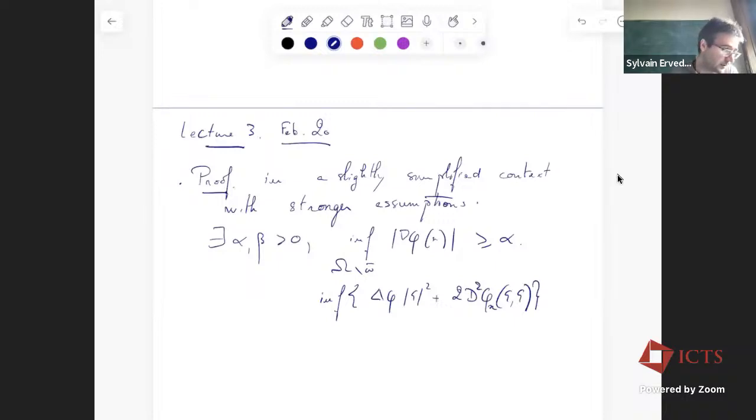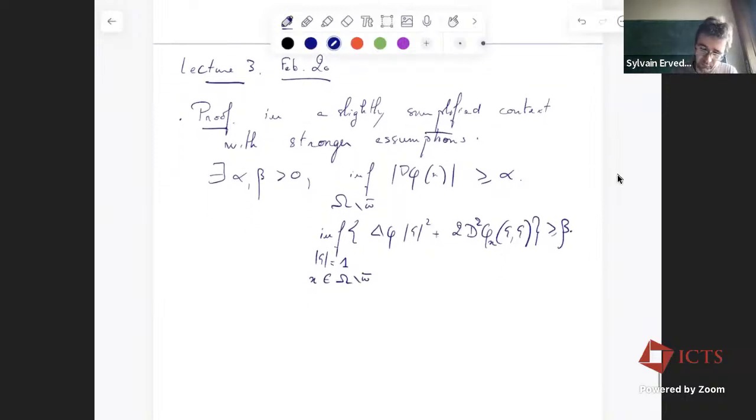Applied to psi xi. This is larger than beta for psi of modulus 1 and x in omega minus omega bar. Okay, so this is, of course, a stronger set of assumptions.